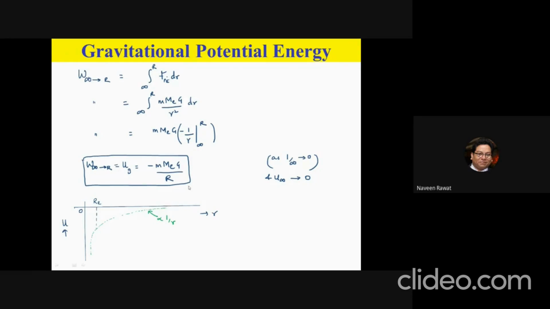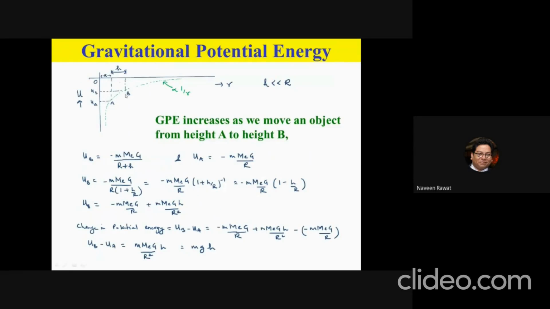Along this curve, now suppose I move between two points, point A and point B. So we are doing some work in moving an object from position A to position B, and we always say that if something is going away from the earth, it is gaining some potential energy, and that is what we write as mgh.